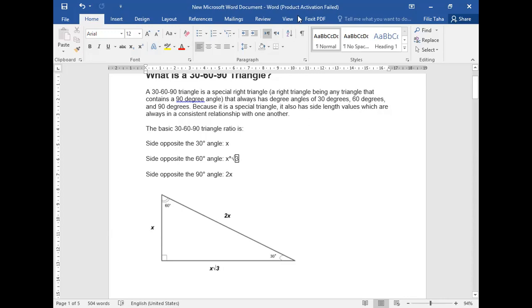Then, if I want to calculate this one using the Pythagorean theorem, if this side is x and this side is 2x, so I have c, and this one is a and the other side is b. The side opposite to 30 is x and the hypotenuse is twice this one, so it will be 2x, and we want to find the third one.